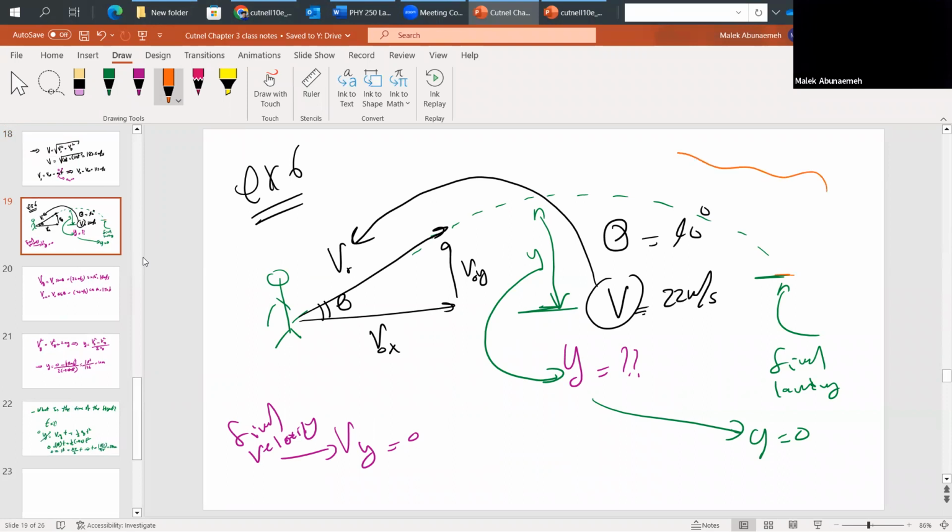That means you want this whole distance that the ball went, the range, which is your x distance.